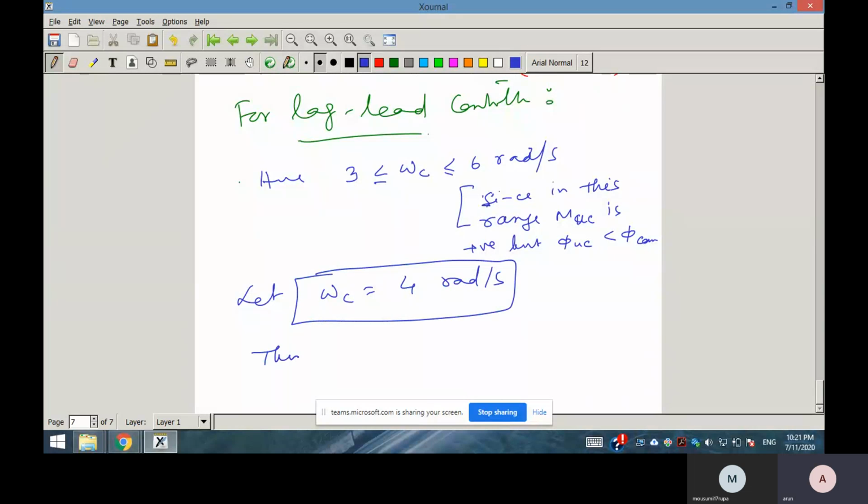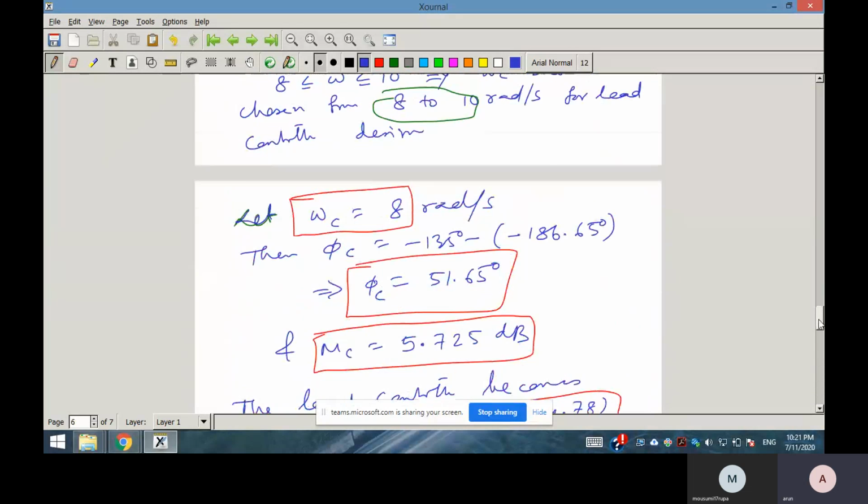Then how much phi c do we need? Phi c, you can easily see, phase lead will be minus 135 degree minus how much at omega c equal to 4 radian per second?